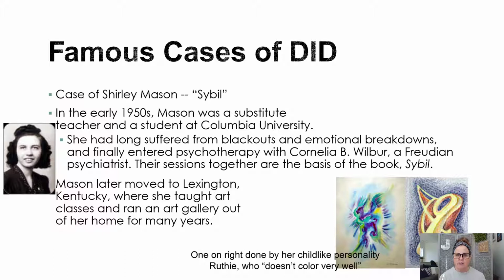Finally, she found her way into psychotherapy, and the sessions that she had in therapy became the basis of a super famous popular book. I believe it came out in the 1970s, and it was called Sybil. This has also been made into a movie as well. She continued to live a fulfilling life, learning how to handle and deal with all of these multiple personalities.